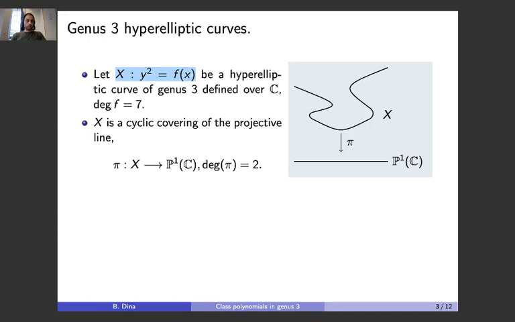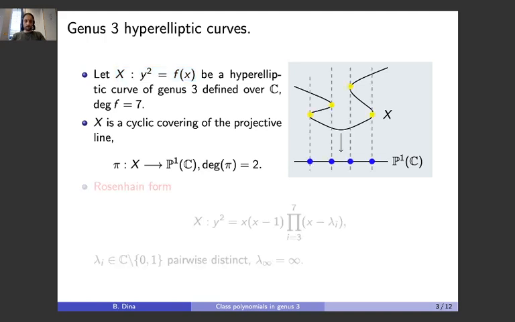Further, X is a cyclic covering of P1 of degree 2, ramified in 2g+2 points, the blue points, and I marked in yellow the ramification points corresponding to the Weierstrass points, with x-coordinates the roots of f.